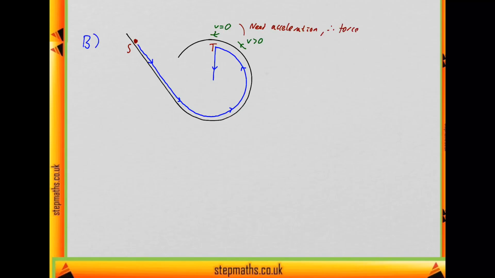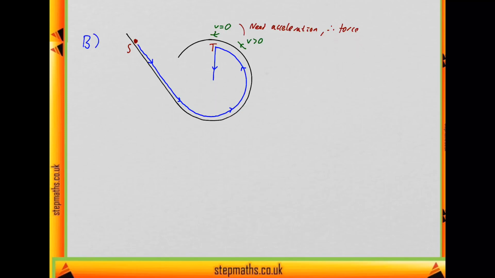But what direction should the force be acting in? Well, in particular, if we think about the horizontal component, here the horizontal component of the velocity is to the left, and here it's got 0 velocity, so in particular it's got 0 velocity to the left. And that means that there must have been some force acting to the right to slow it down in that direction.